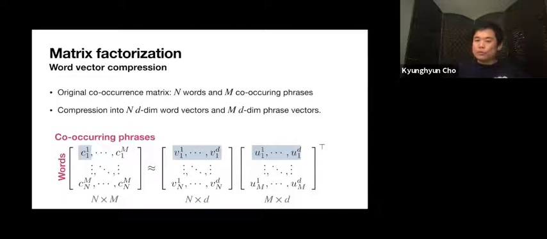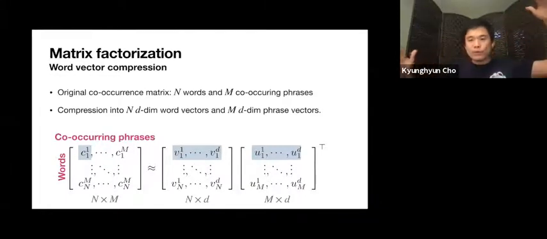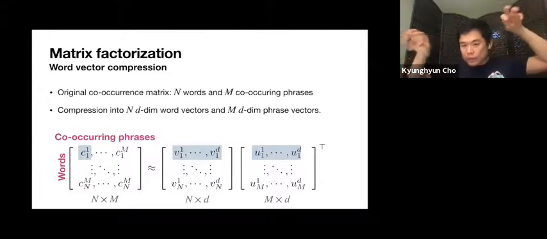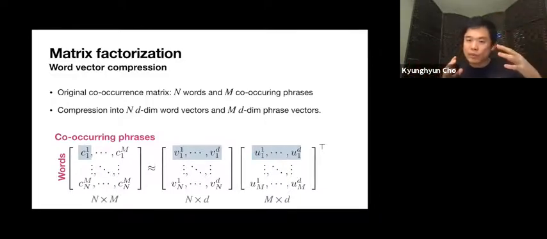So what we want to do, it turned out, is to compress this very large but sparse, that is, it has a lot of zeros, this very large, very sparse word co-occurrence matrix into a much smaller, in fact, a smaller pair of matrices.